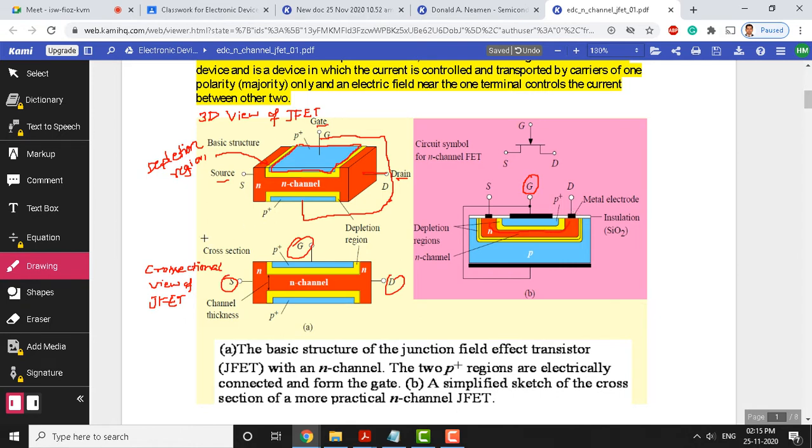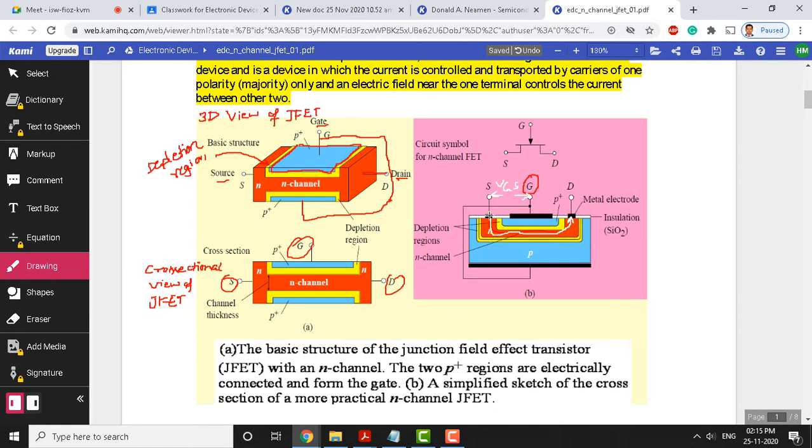The current flows in this channel like this. It will take different colors so that you can see. The current flow here will happen like this between the source and the drain. This current flow can be controlled by applying a voltage between the gate and source. So this is the voltage here, VGS. The voltage applied between these two terminals creates an electric field here that can be used to control the current flow from source to drain.